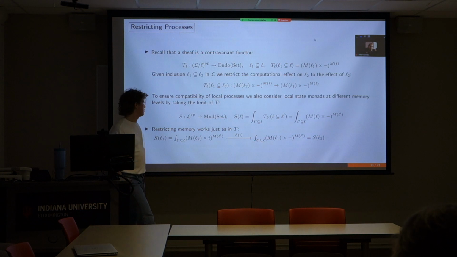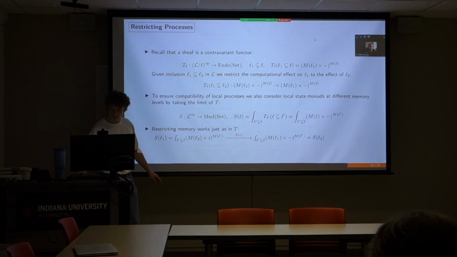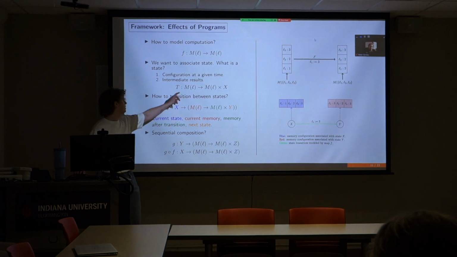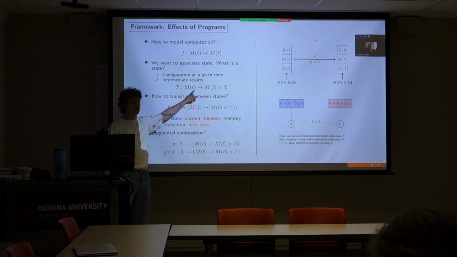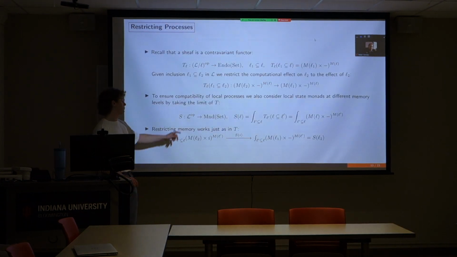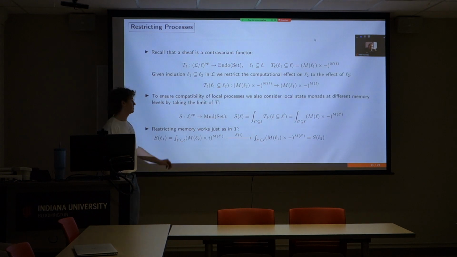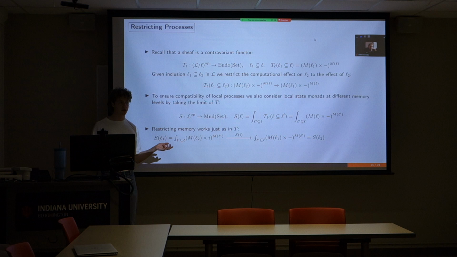So instead of the earlier T here, which represents a programmatic effect defined on the whole memory region L, now we will look at families of programmatic effects, and we index them by the small l here. It is some open subset of the memory.